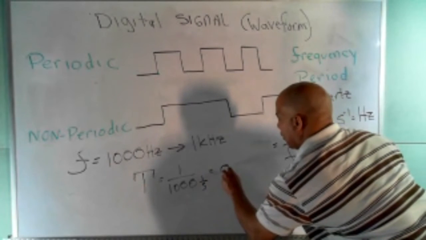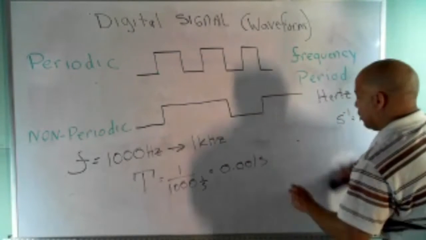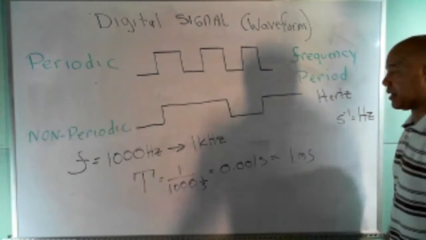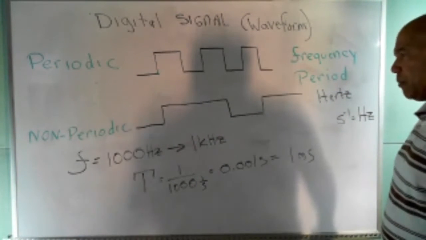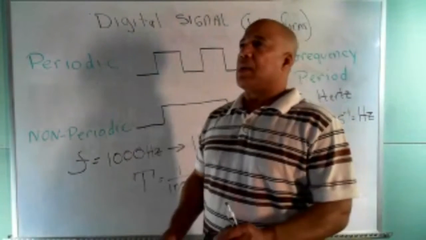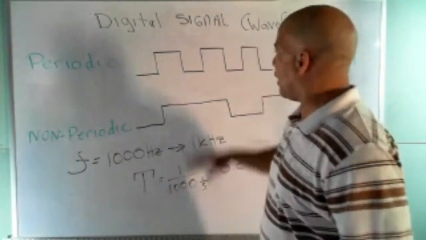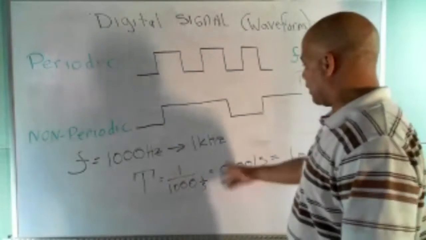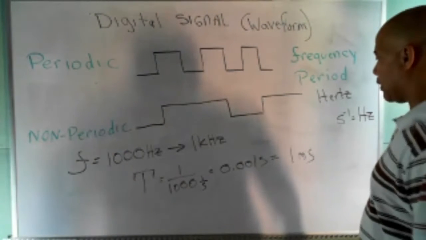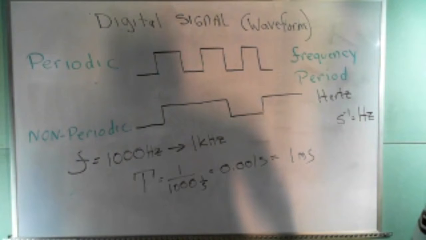So that's 0.001 seconds, which is 1 millisecond. That's the kind of calculation you have to be able to do, which is pretty simple. Now, think about the next quiz. Quiz 1 should be pretty easy when you look at it, if you haven't already. Quiz 2 will have some of this where you have to calculate and use formulas, so make sure you're aware of it. Of course, you'll be doing it at home, so you'll have everything right there, so that shouldn't be an issue.